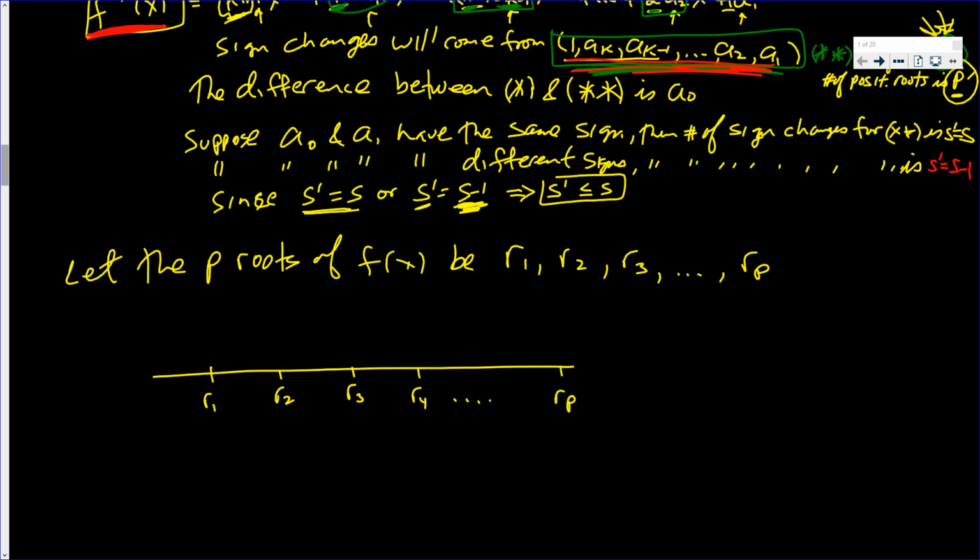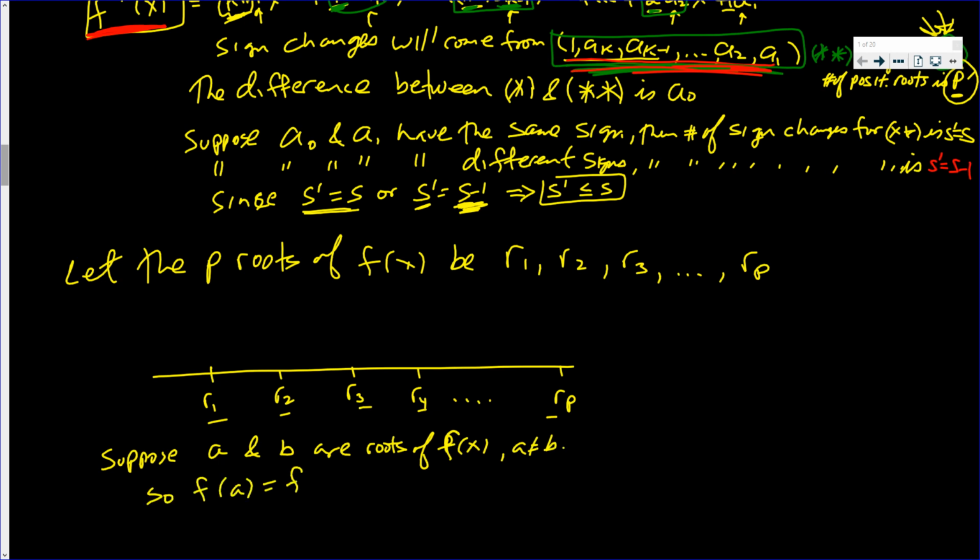Now, suppose, I'll just call them a and b. Suppose a and b are roots of f of x, a different than b. So, f of a equals f of b.